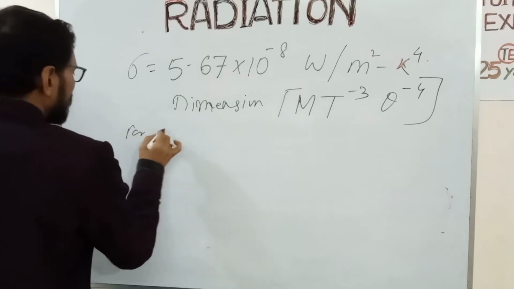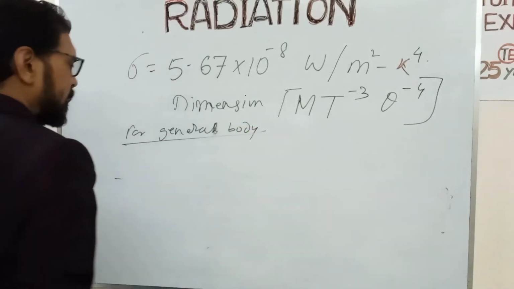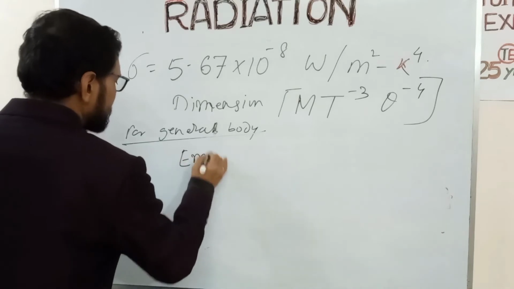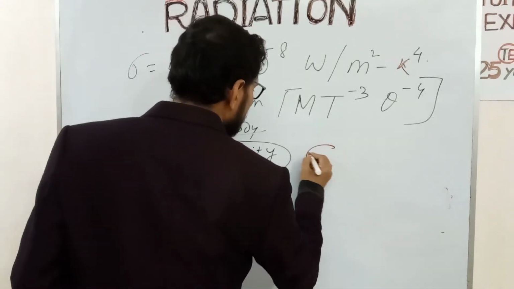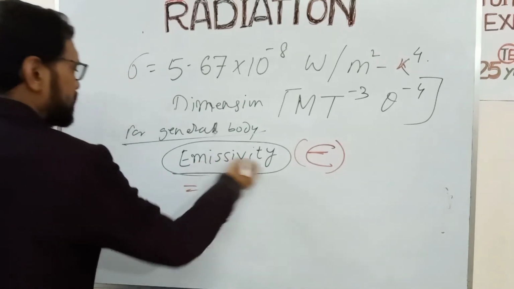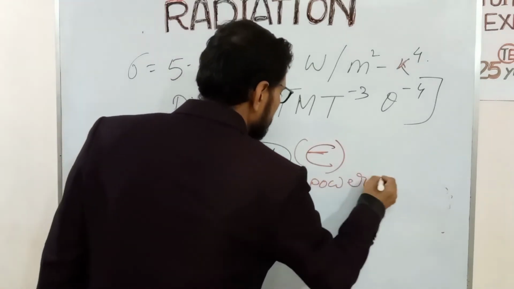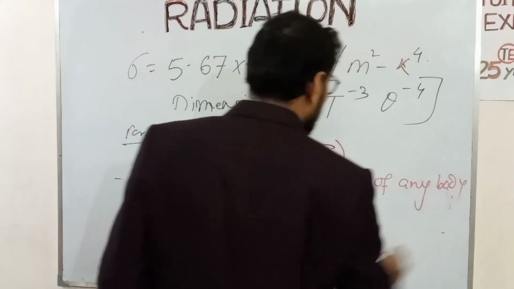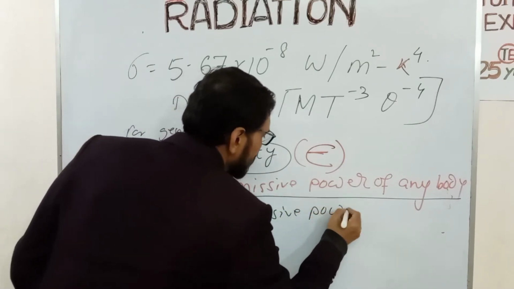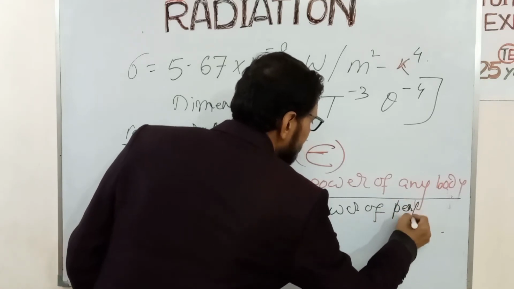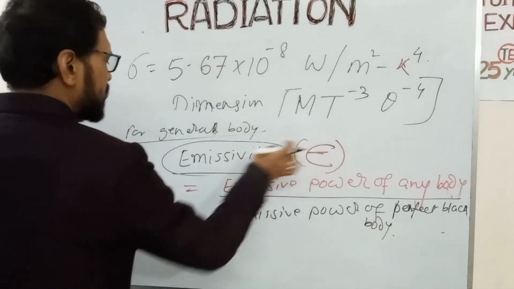For a general body, we define a term emissivity, denoted by epsilon. Emissivity equals the emissive power of any body to the emissive power of a perfect black body. This ratio is defined as the emissivity.